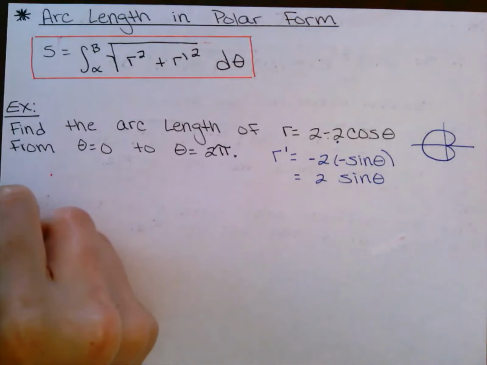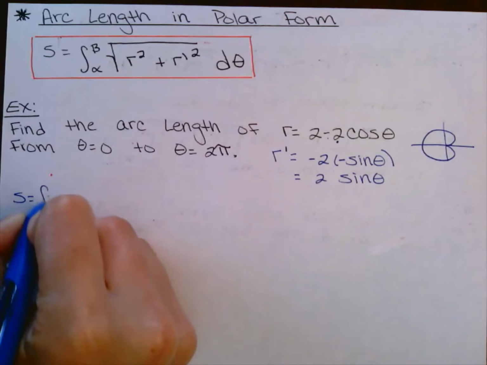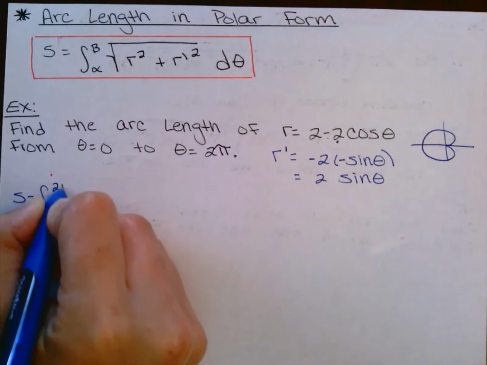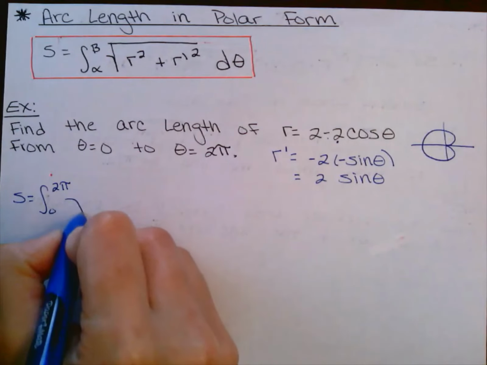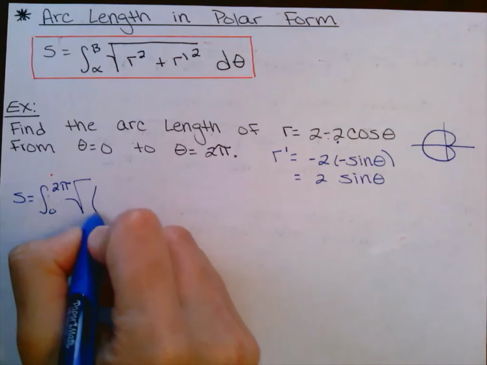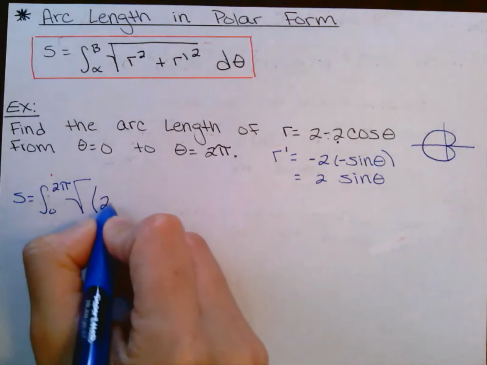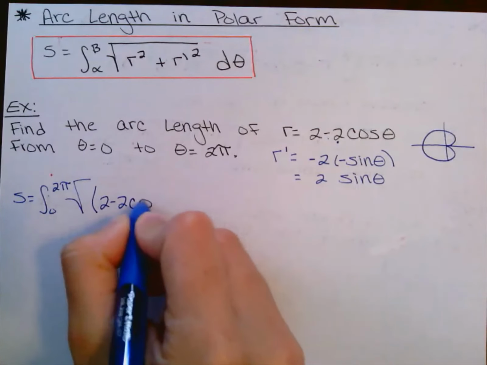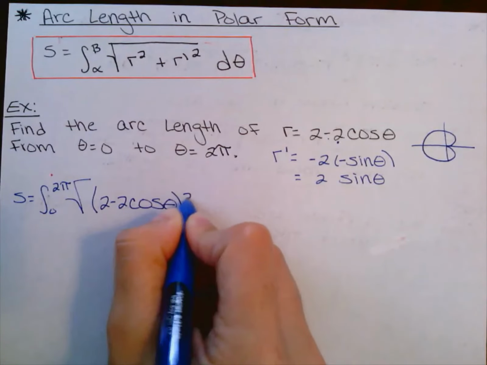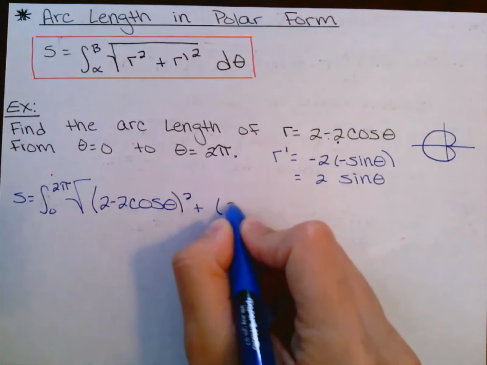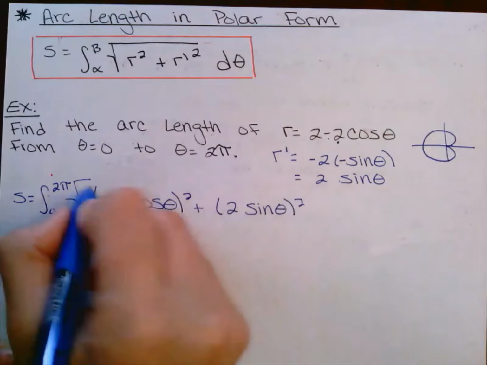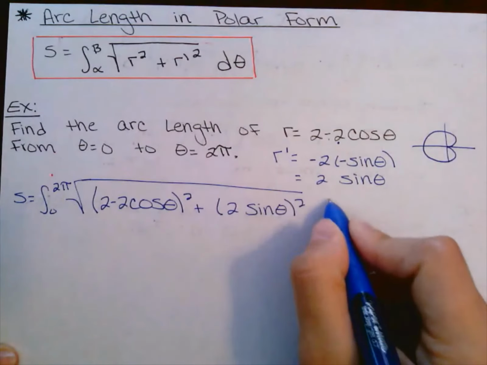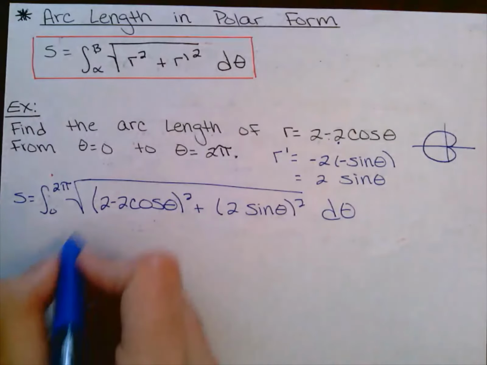So I can say arc length is the integral from 0 to 2 pi of the square root of r, 2 minus 2 cosine of theta, squared, plus r prime, which is 2 sine of theta squared, d theta.